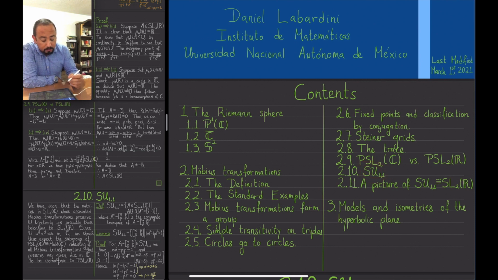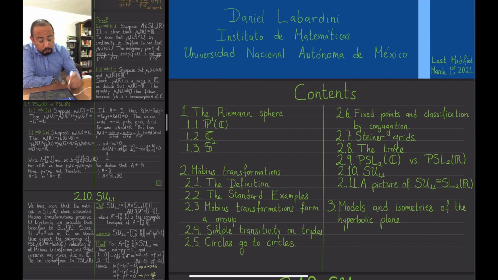Then I'm going to characterize explicitly the matrices that belong to it, the entries of the matrices that belong to it. And then finally, I'm going to show that SU11 consists precisely of the matrices in SL2C whose associated Möbius transformations preserve bijectively the open unit disk.